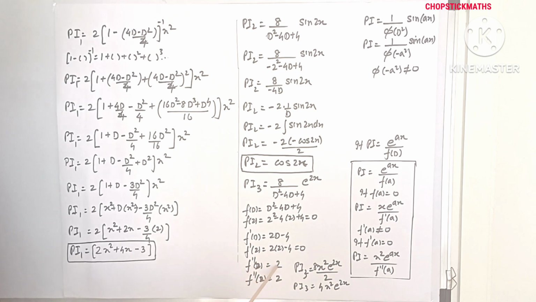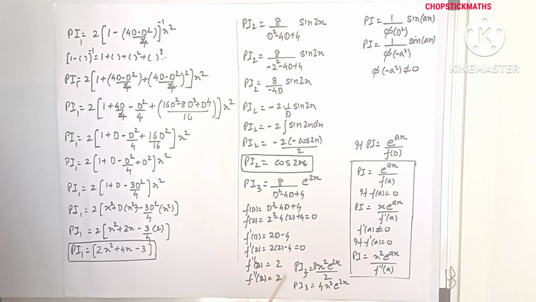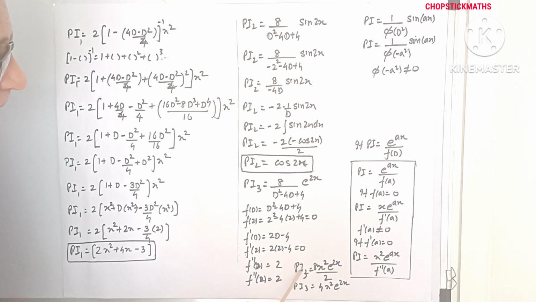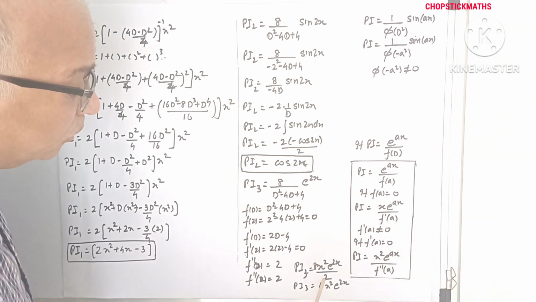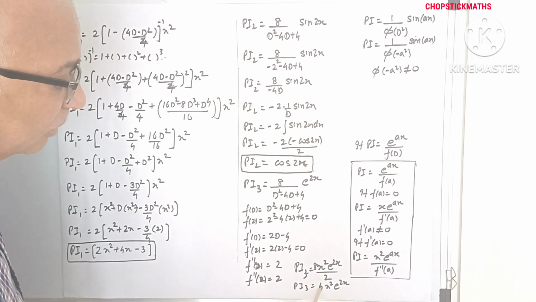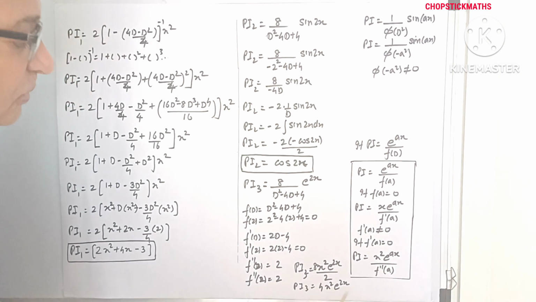So f double prime d is equal to 2. So f double prime 2 will be equal to 2. Now you can see that f double prime 2 is not equal to 0, so we can use this property. That is, PI3 is equal to 8x square into e raised to 2x upon 2. Now here this would cancel, so it will be 4x square into e raised to 2x.